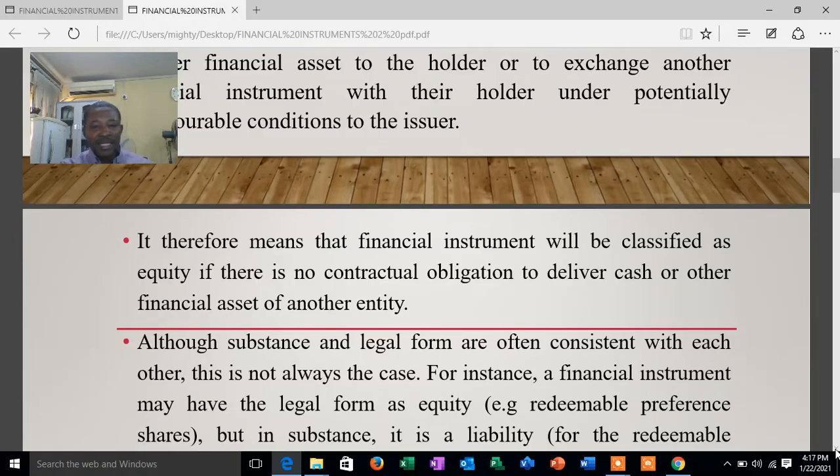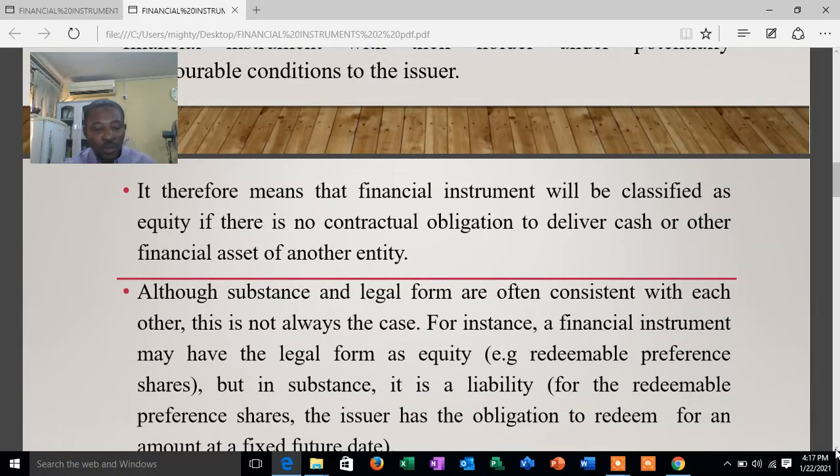And it's very, very important also that we emphasize this. Let's give a classic example of an ordinary share. An ordinary share is a perfect example of an equity instrument because the issuer has no obligation whatsoever to pay dividend, or to repay the share capital, or to deliver cash or any other financial assets to the shareholder.